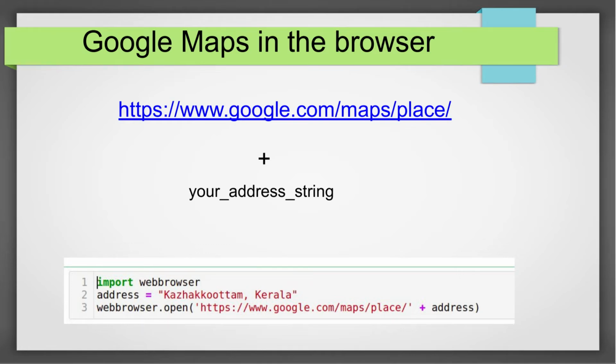This way, you only have to copy the address and run the script, and the Google map will be loaded for you. This is what your program does. First, it gets a street address, then opens the web browser and displays the Google Maps page for the address.